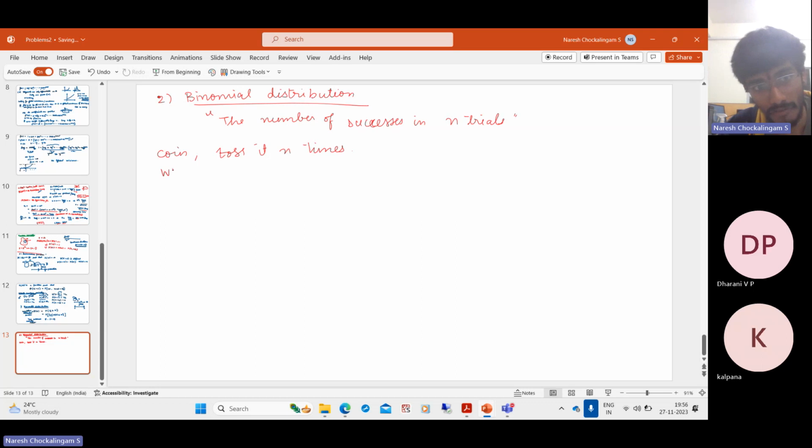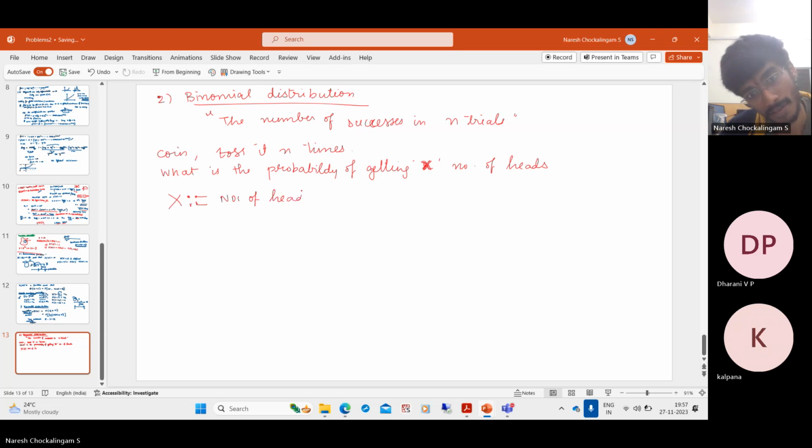What is the probability of getting r number of hits, or let us deal with the random variable X, the number of hits. Now here the random experiment is not tossing the coin once. You're doing it in n number of trials. Therefore, for this random experiment, you can define the random variable X to be equal to the number of hits in n trials.